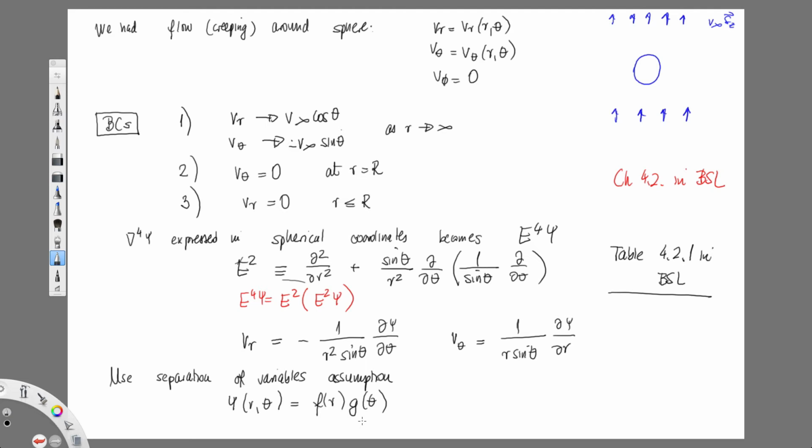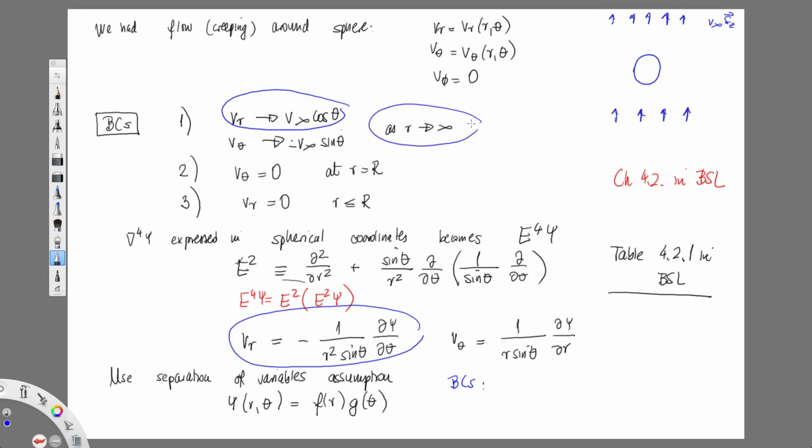So basically my boundary conditions say that, since this is VR and this is VR as r tends to infinity, g of theta sits there pretty, does nothing.